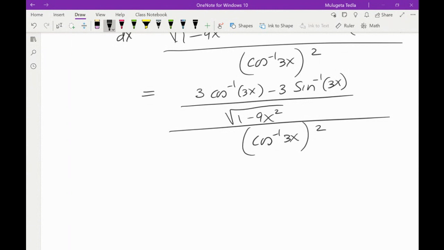So you know this is what a over b divided by c is, which is a over b times 1 over c, which is a over b times c. So we're going to multiply these two.